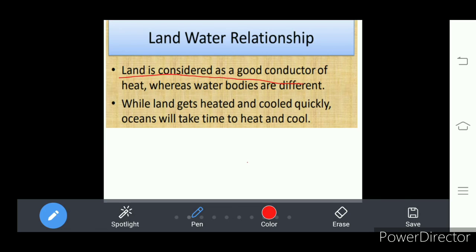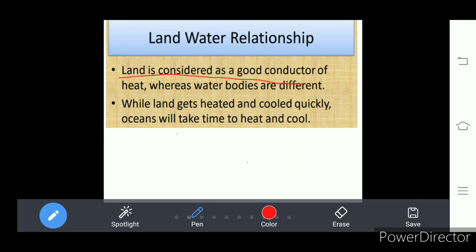On the earth's surface, the insolation received becomes heat, and heat we measure as temperature. So land is a good conductor of heat, whereas water bodies are different. Land gets heated very fast and also cools very fast compared to the oceans. Oceans take a long time to heat up and also take a long time to cool.